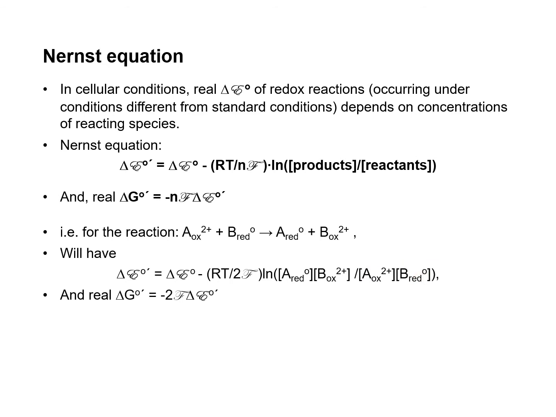And the delta G naught prime would be minus nF times the delta E naught prime value you got here.